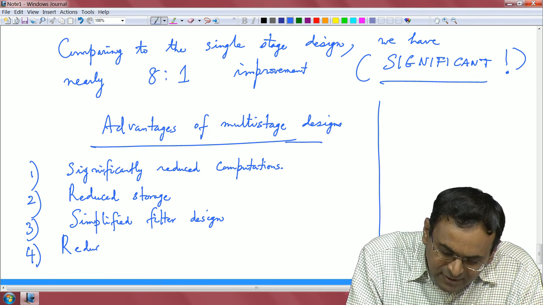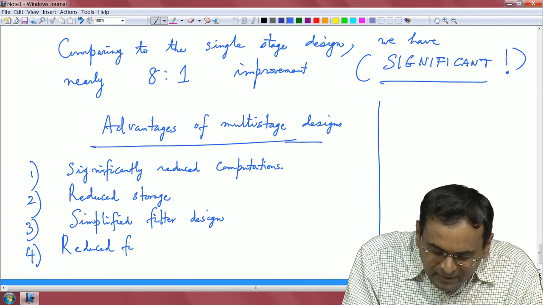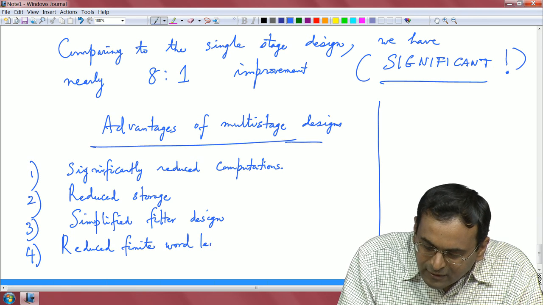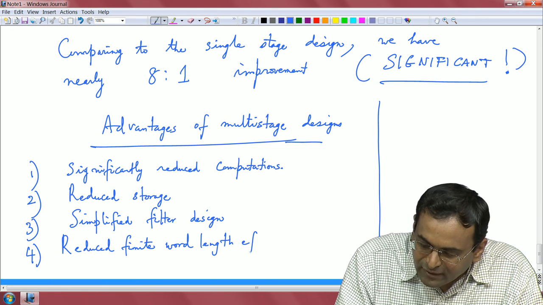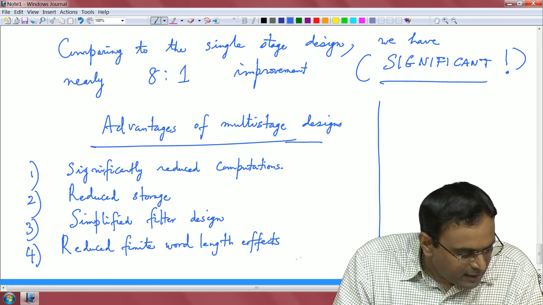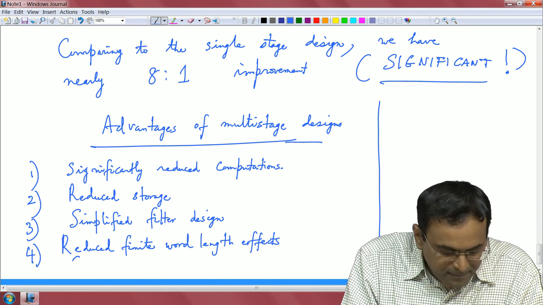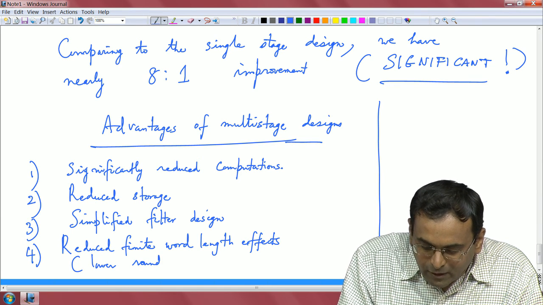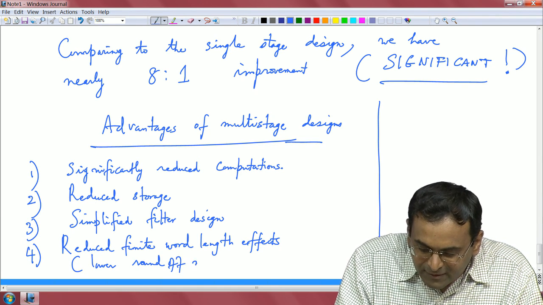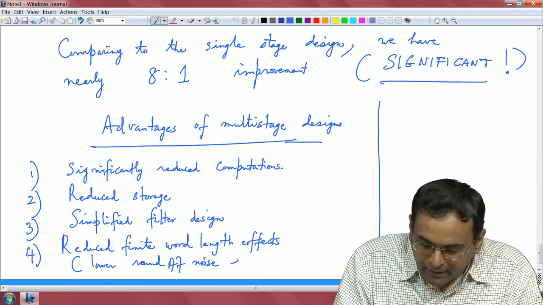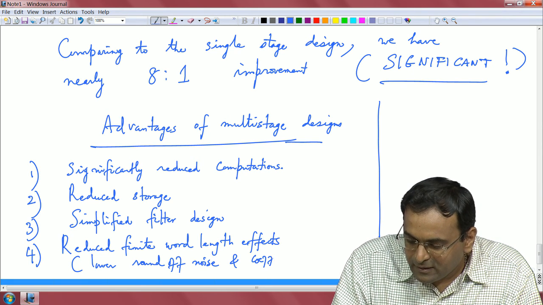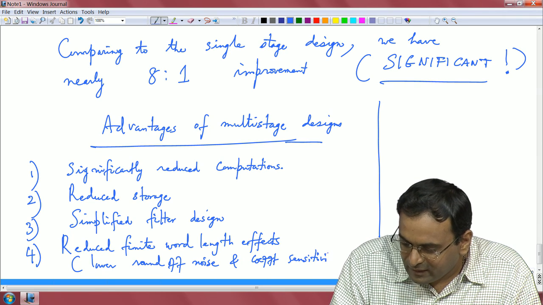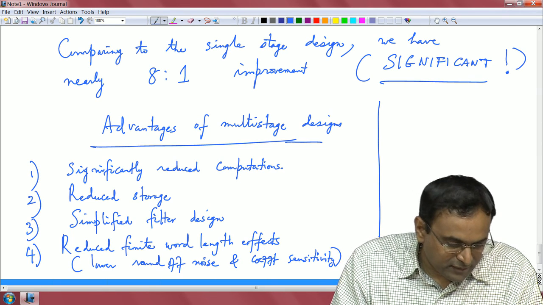So reduced finite word length effects, which means lower round off noise and coefficient sensitivity.